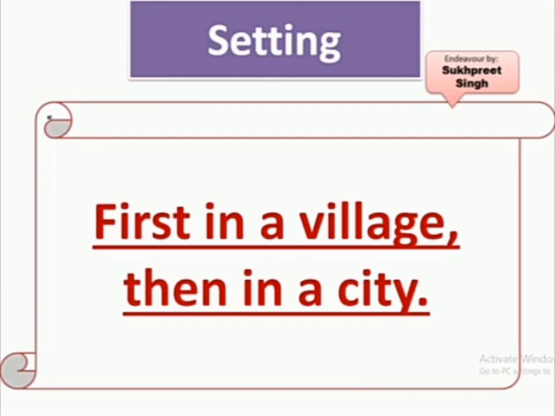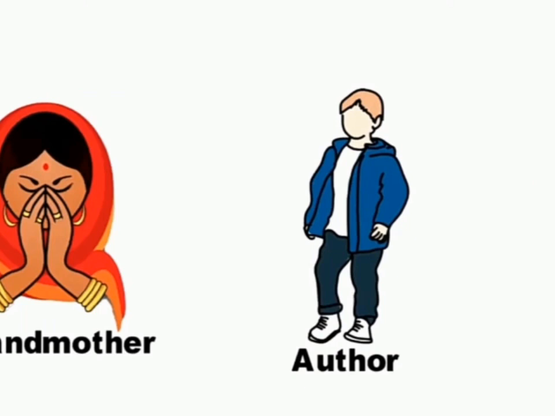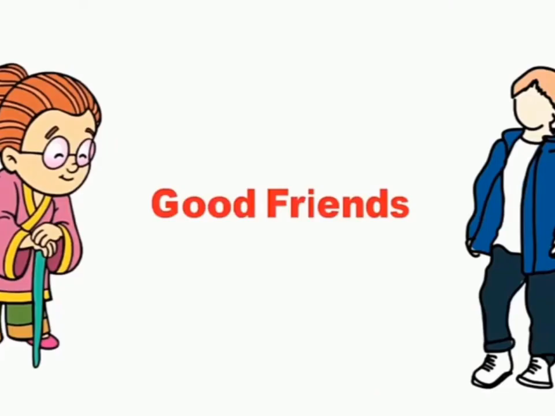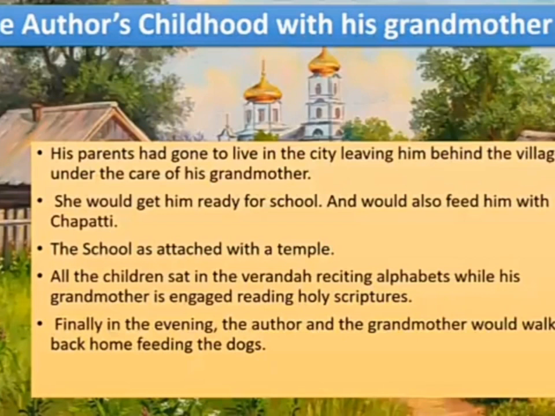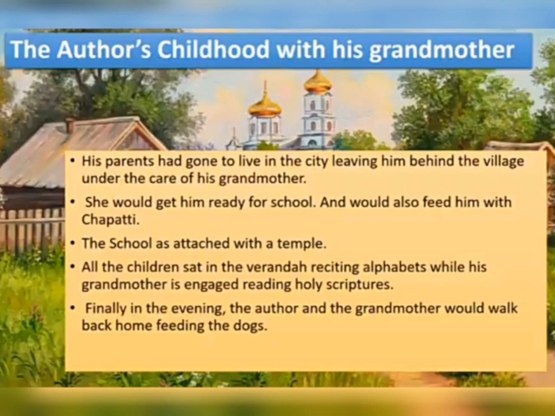In the second phase, the author recalls his memories of his childhood days with his grandmother. The narrator, in his childhood, shared a beautiful relationship with his grandmother as they were very good friends. His parents left him with her when they went to live in the city. Hence, she was guardian, friend, and soul mate of the narrator.